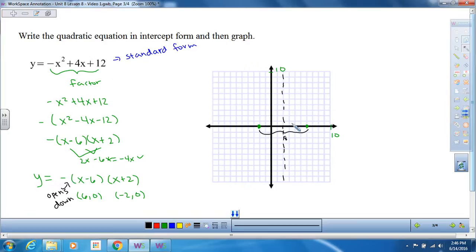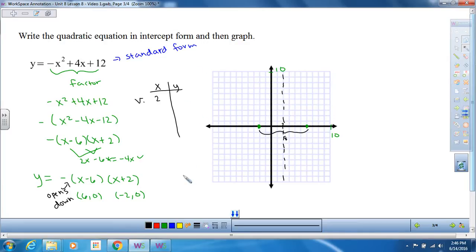Alright, so my vertex is somewhere up here, but I want to plug in this x-coordinate, which is 2. Okay, I want to plug in 2 for x to find my vertex. You can plug it back into the original one if you want, or the factored one.